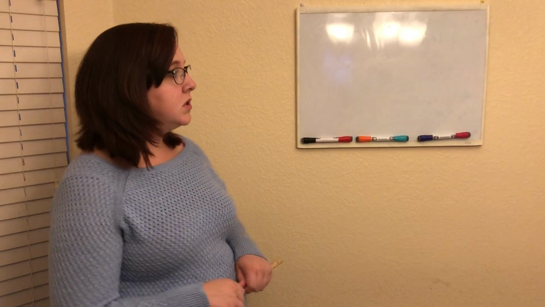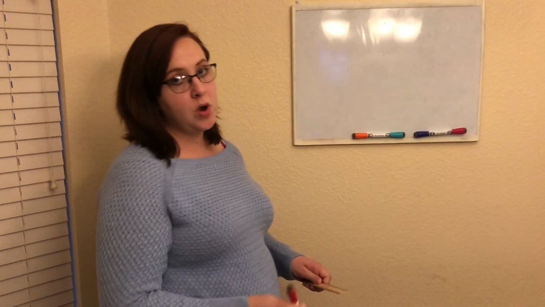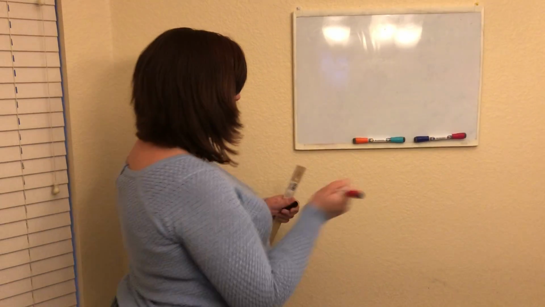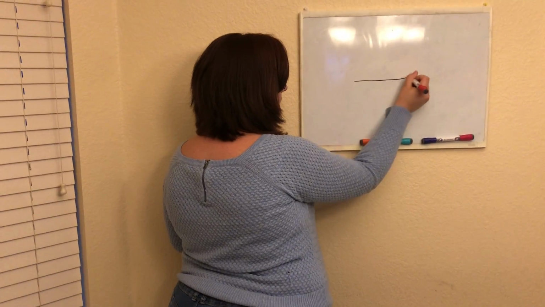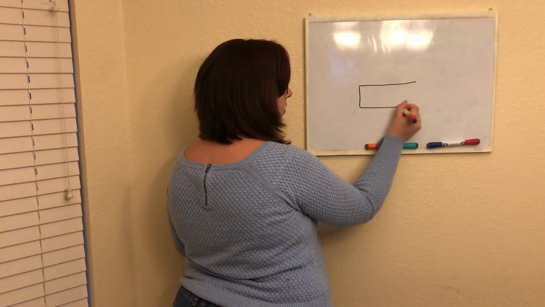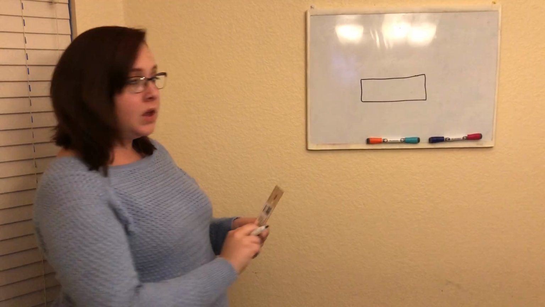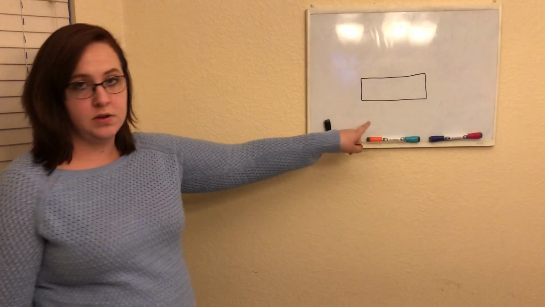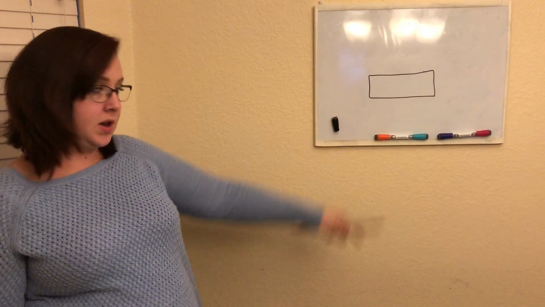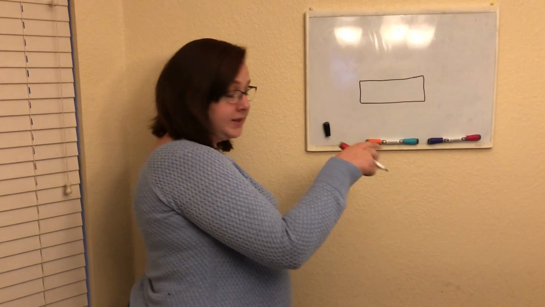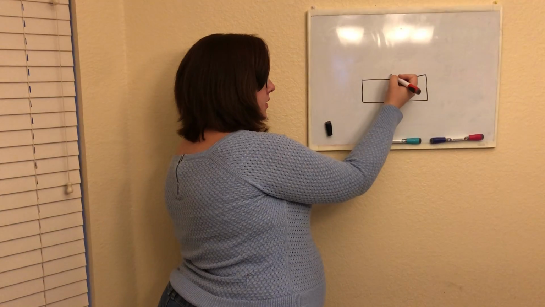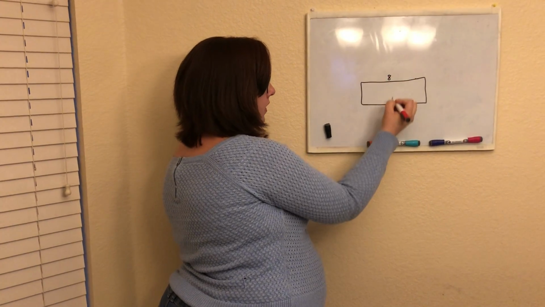Good job. So, in order to find the perimeter of a rectangle, we have to know how long the sides are. So here's a rectangle, or as pretty close to a rectangle as I can get right now. Let's say this rectangle has 8.